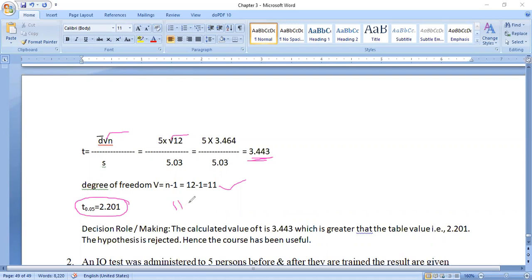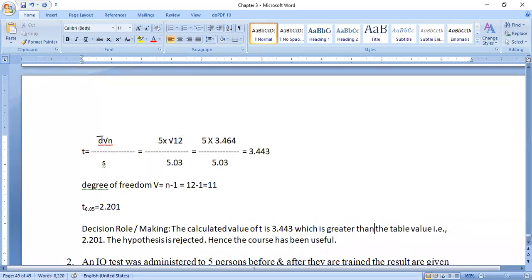So the decision rule, or conclusion, we can say: the calculated value of T is 3.443, which is greater than the table value, 2.201. The hypothesis is rejected, hence the course has been useful. Okay, in this way you can calculate.